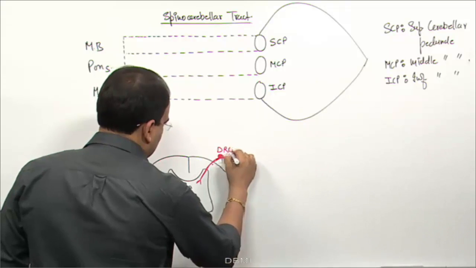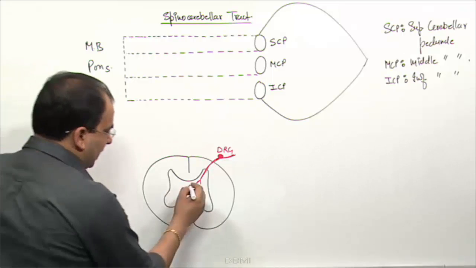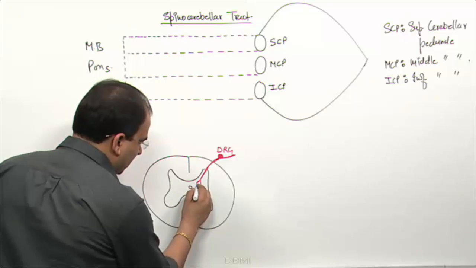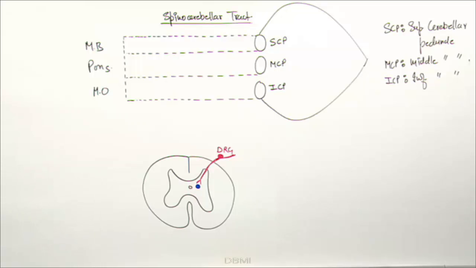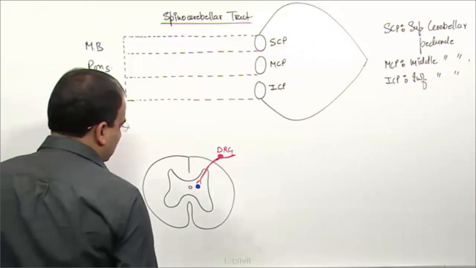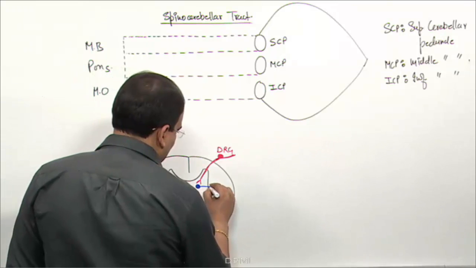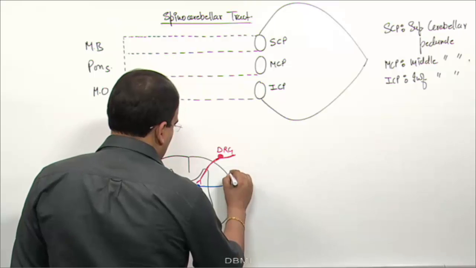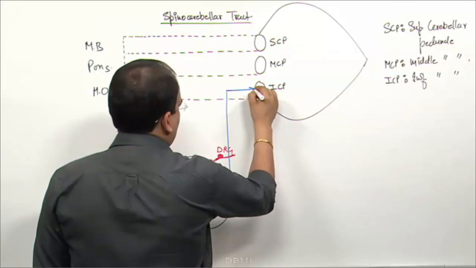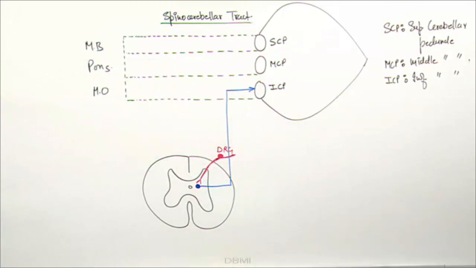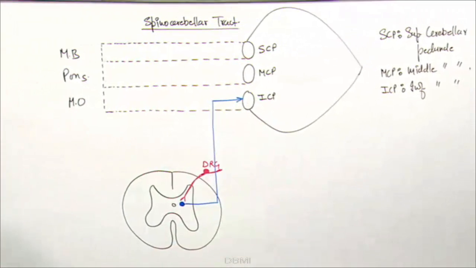The second order neuron will begin in the grey matter, and that was nucleus dorsalis, if you remember, or Clark's column. So the second order neuron will start from the nucleus dorsalis or Clark's column with two fates. One might go to the same side, ascend upward to the medulla oblongata and enter the cerebellum through the inferior cerebellar peduncle.